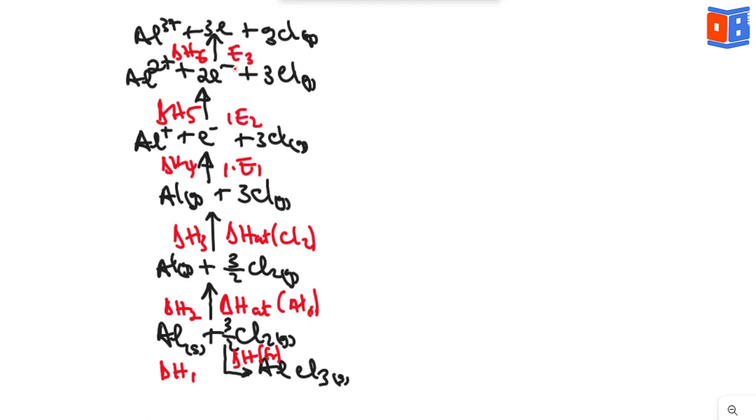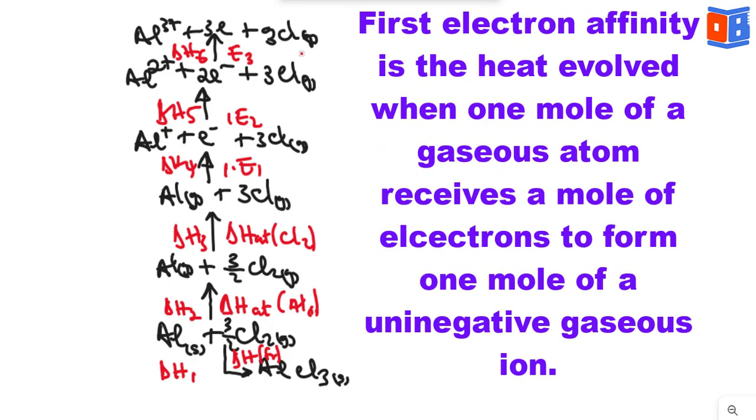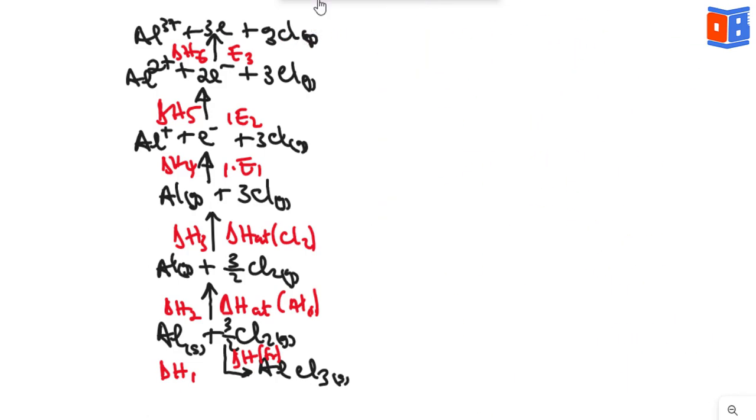So from here we are moving now to electron affinity. Electron affinity is the heat change when a gaseous atom receives an electron to form a negative gaseous ion. Chlorine requires 1 electron to have an octet, and chlorine is electronegative, so it can receive an electron. That is EA1.